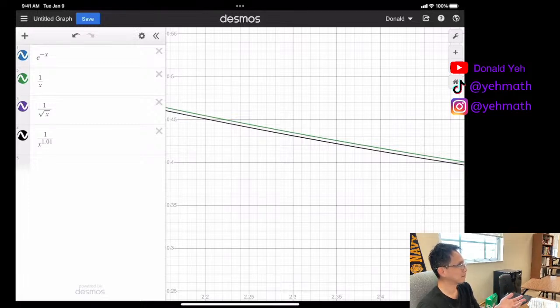So that's like a boundary where it does not work. All the way to that point does not work. After that, it works. Well, 0.99 does not work, because 0.99 is gonna be less than 1 over x.